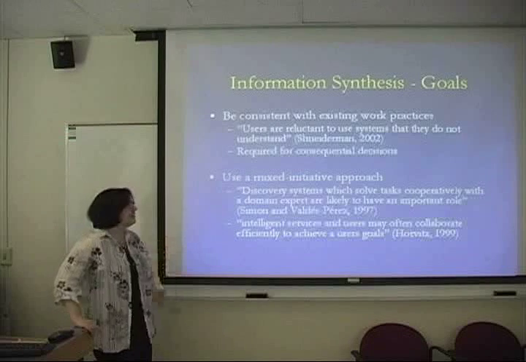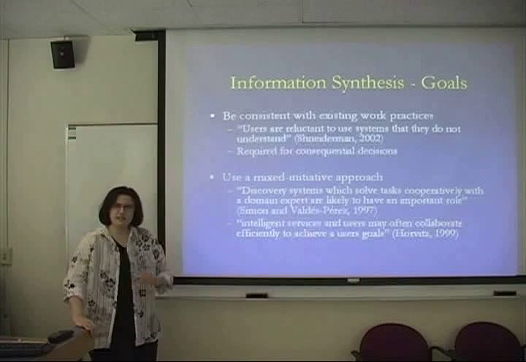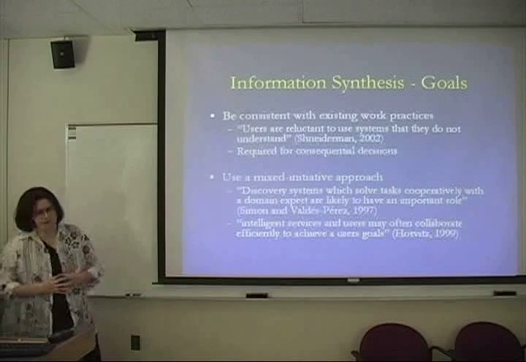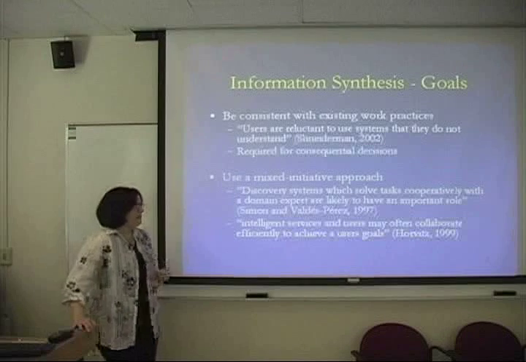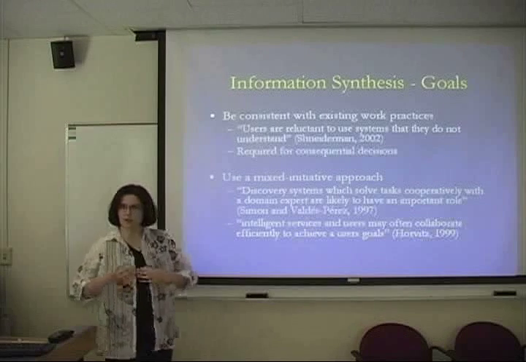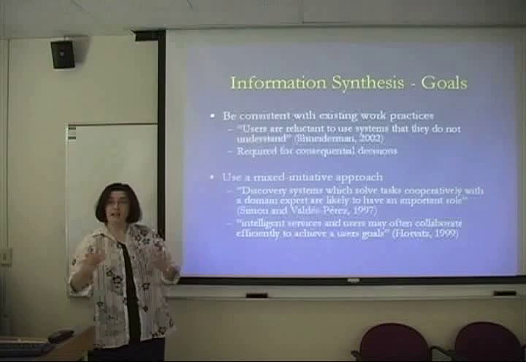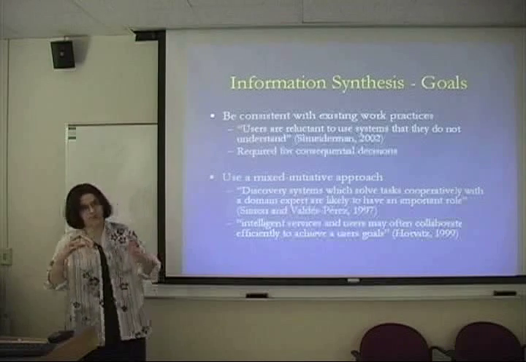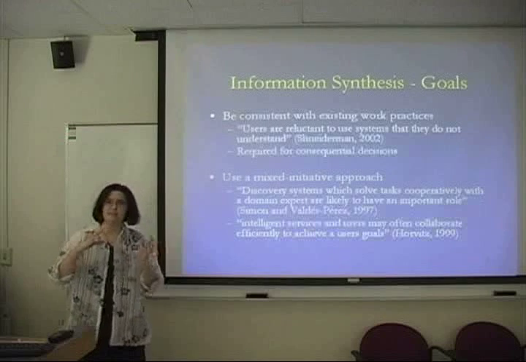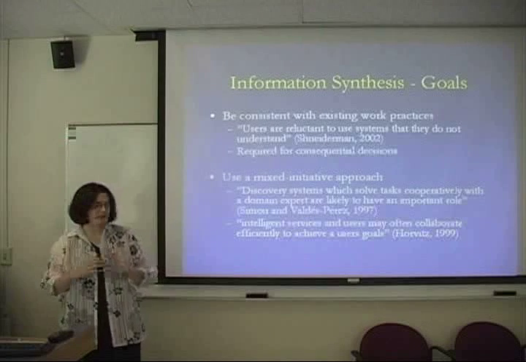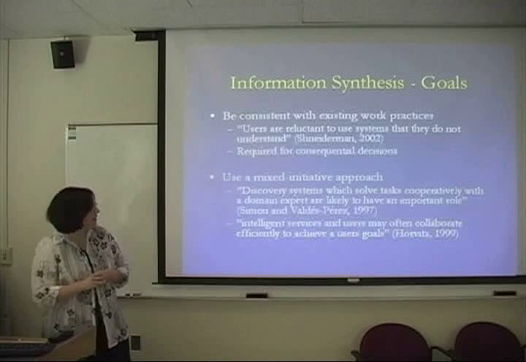The other piece that I think is somewhat missing is this notion of a mixed initiative approach. The goal here is that a system will do as much as it can do, and a user will do as much as they can do, and the initiative switches between the user and the system depending on what level of evidence is available.